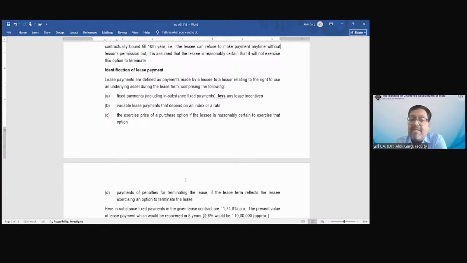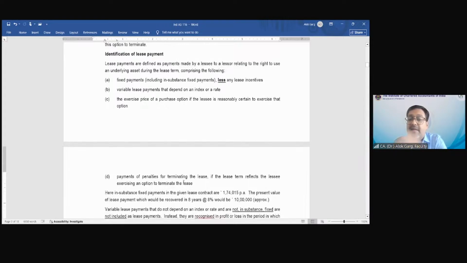Is there any variable payment in this question? There is a variable payment, and it depends on the output. Is this variable payment depending on any index or rate, like consumer price, wholesale price, LIBOR, MIBOR, MICR, RBI bank rate? No, sir.